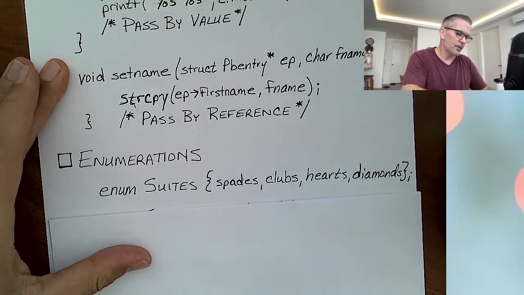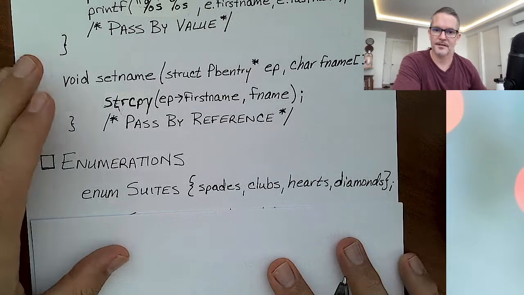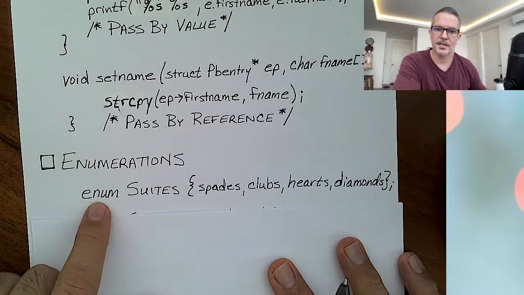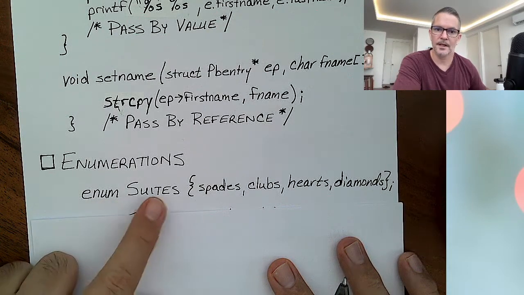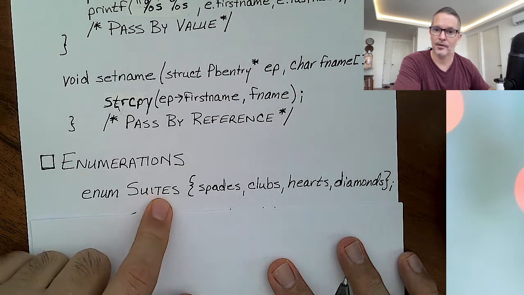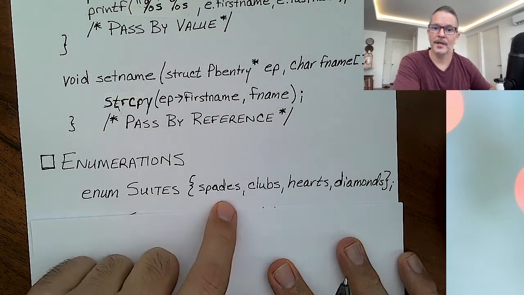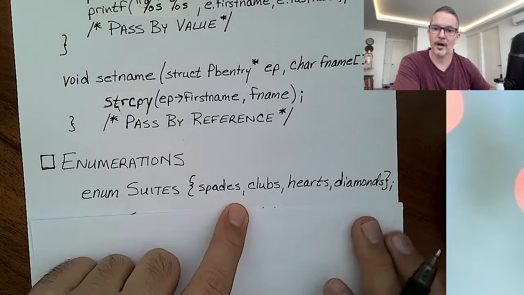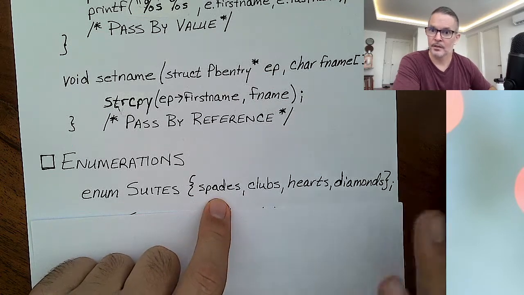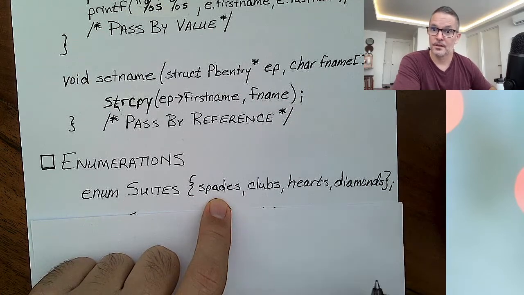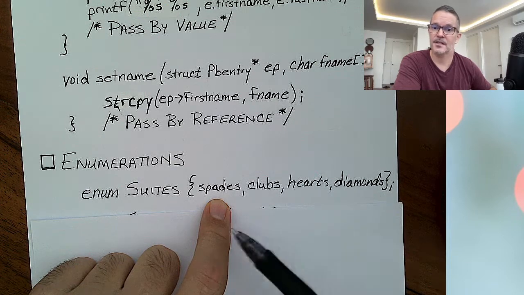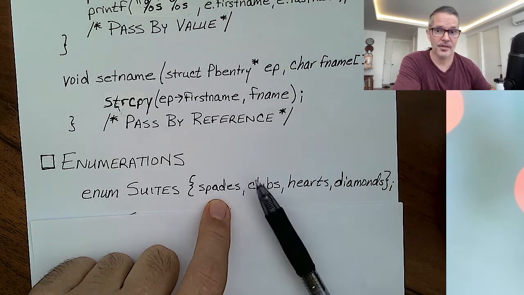So we create an enumeration like this. We use the special keyword enum, then we have a name for the enumeration, and then we have in curly brackets just written words. They don't have to be inside quotation marks. They're not strings.